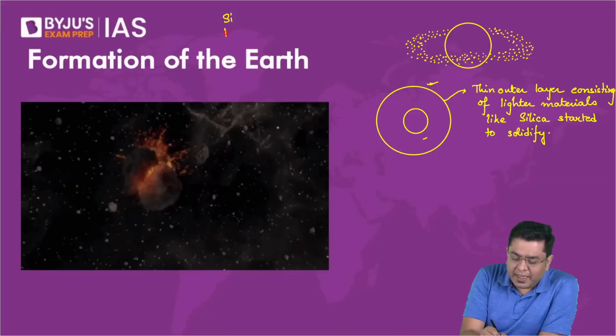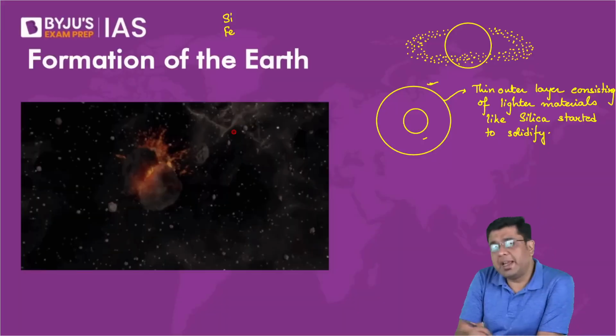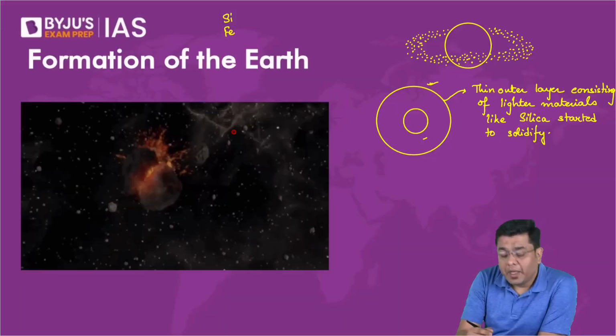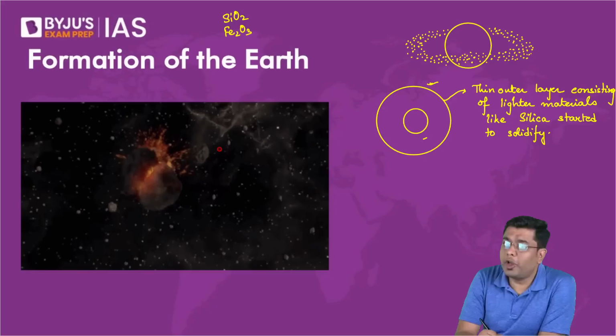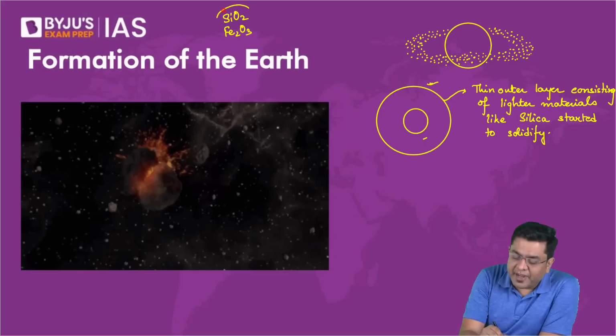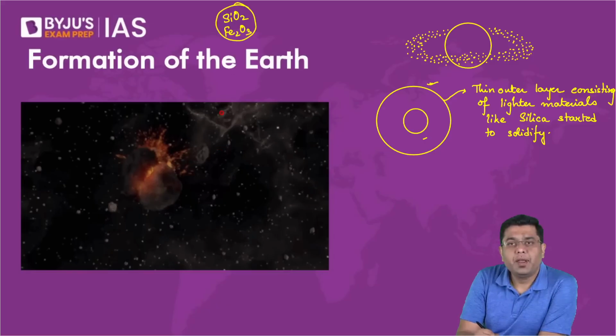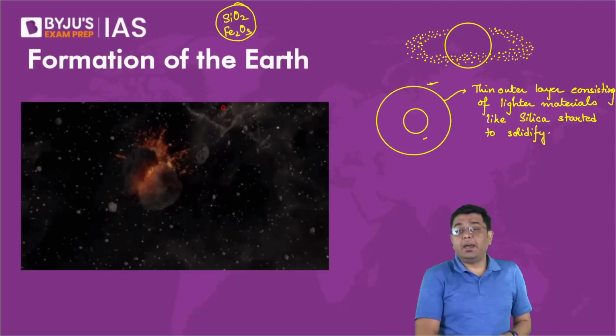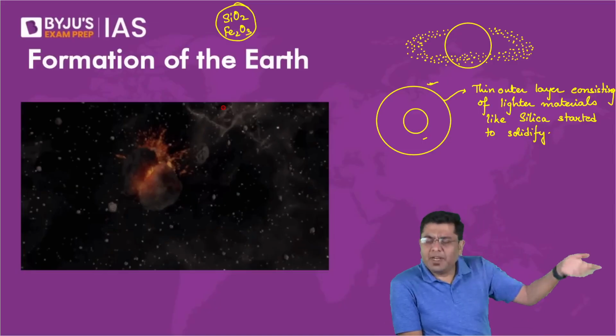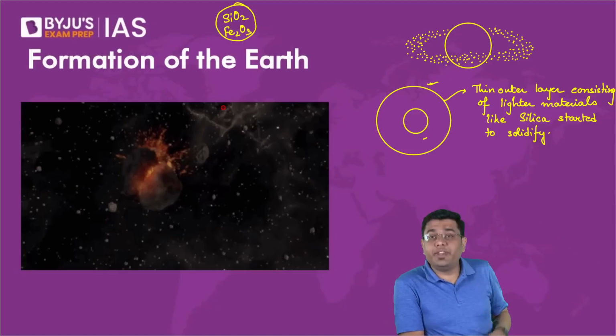If you heat, let's suppose, iron, it will get converted into liquid state. But what if I have silica? Silica is solid. Iron oxide is also solid. What happens if I heat this up? When I heat up the silica, silicon will get converted into liquid. But what about oxygen? Oxygen will get converted into gas, isn't it?